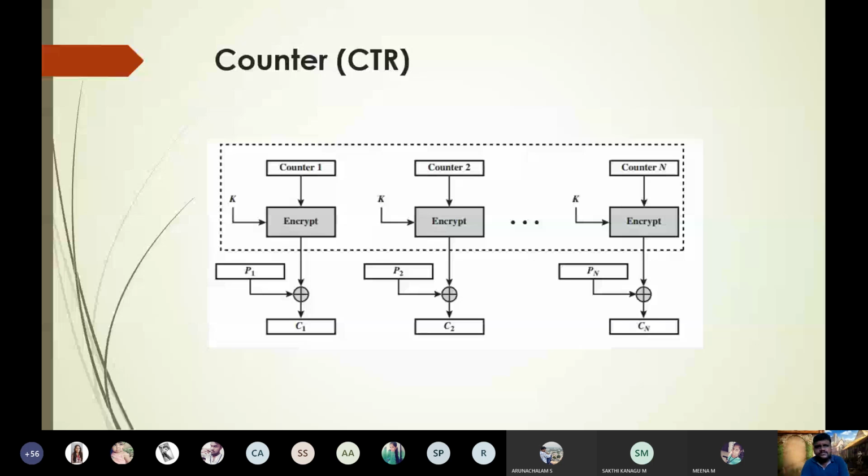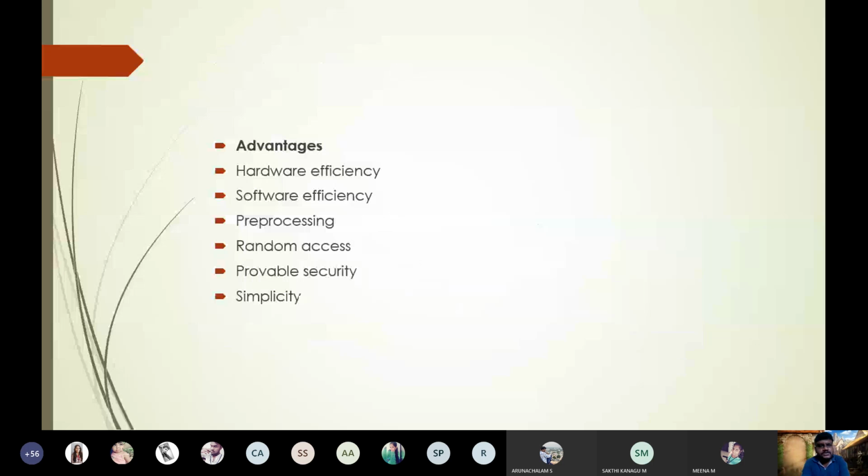So what are the advantages of these modes of operation? First one is hardware efficiency. For example, the lowest configuration is enough for this operation.